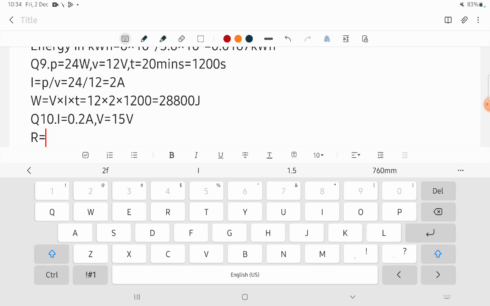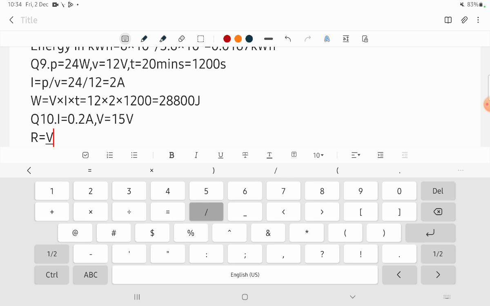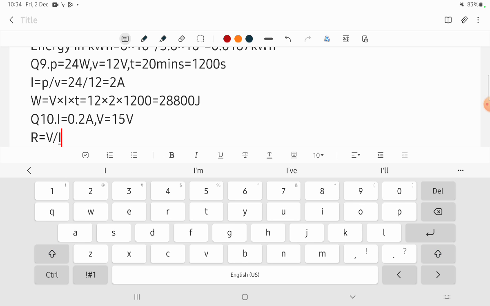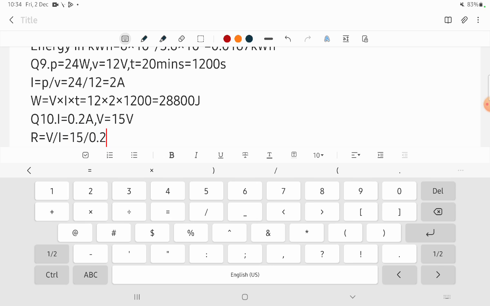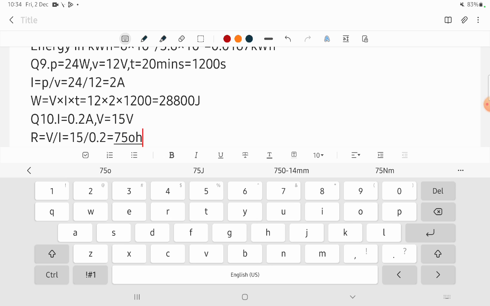So R is equal to V by I, that is equal to 15 by 0.2. Answer will be 75 ohm.